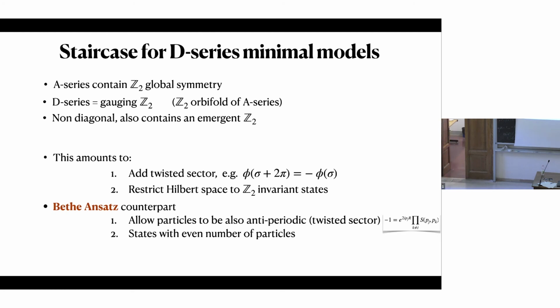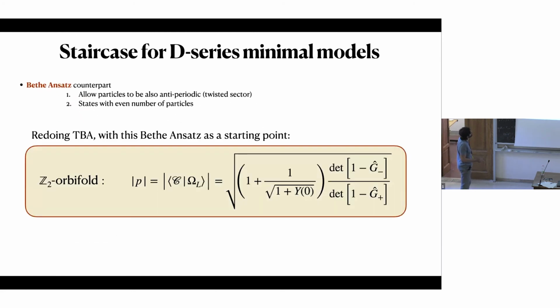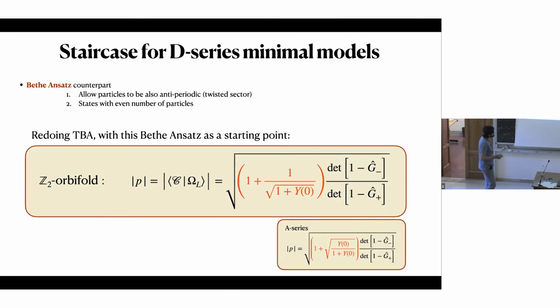That's the implementation of gauging at the level of the Bethe equations. So now we can take this new Bethe ansatz as a starting point, and we get a new P function for this model that interpolates between the D series minimal models, which contrasts a little with what we got before for the A series.